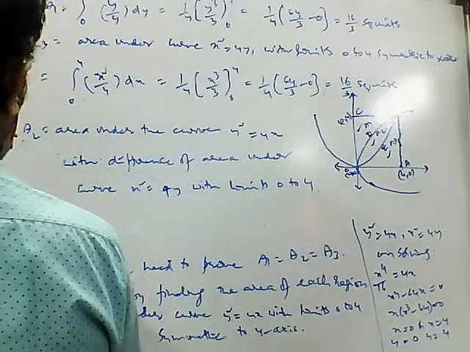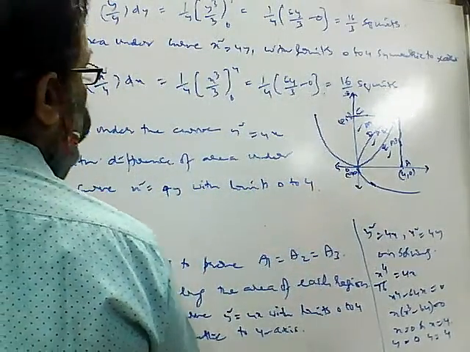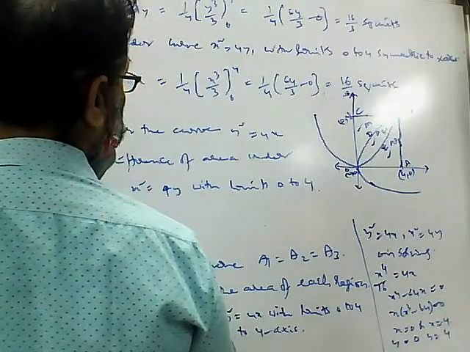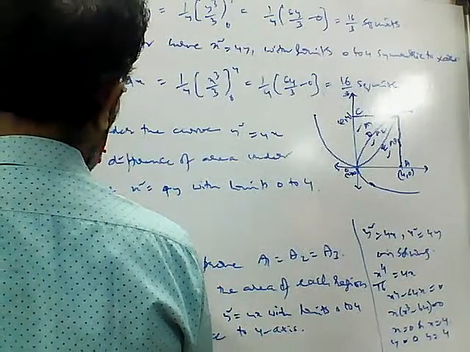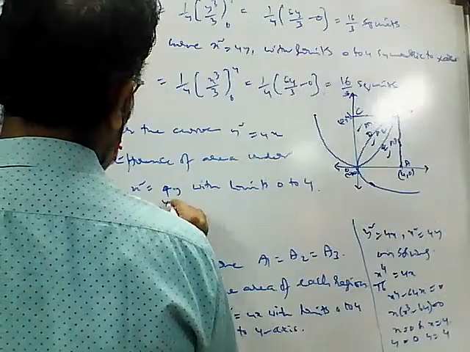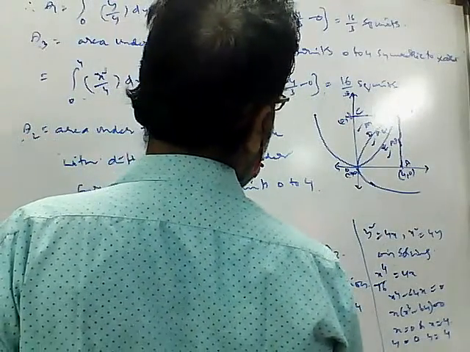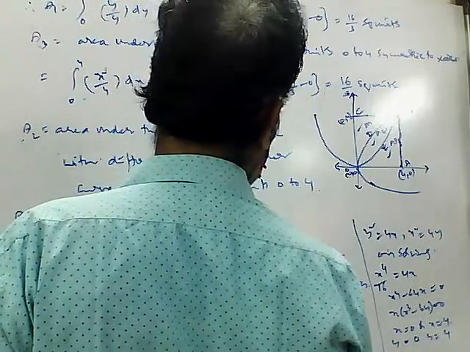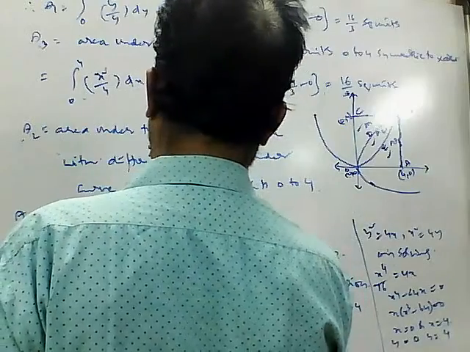That is, A2 is equal to integral 0 to 4 of y square equal to 4x, which means 2 root x dx, minus integral 0 to 4 of x square equal to 4y, which means x square by 4 dx.